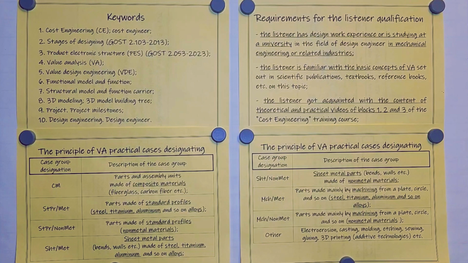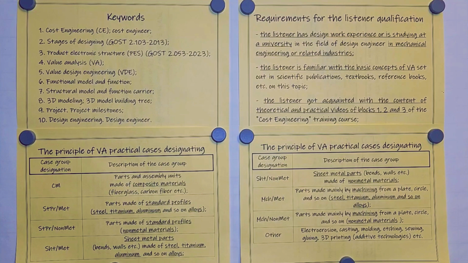The principle of designating practical value design engineering cases, taking into account the structural and technological features of the group of parts and assembly units, can be formalized in the form of the following classification. The designation in accordance with the above classification will be indicated on the first slide of practical cases.